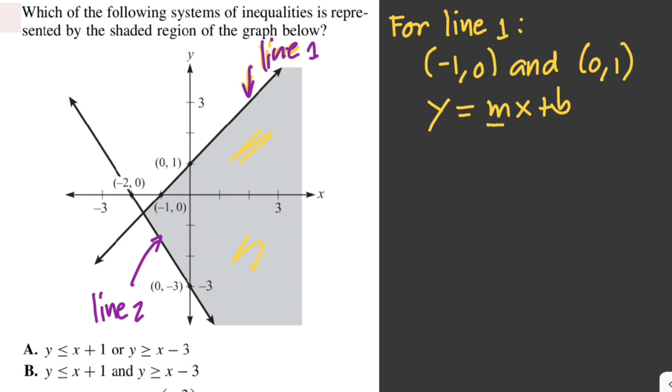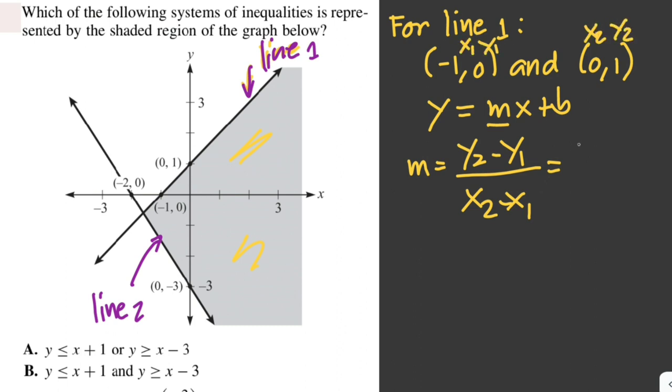So we solve for the slope m. m is just y sub 2 minus y sub 1 over x sub 2 minus x sub 1. Let's say this is x sub 1, y sub 1, and x sub 2, y sub 2. So that is 1 minus 0 over 0 minus -1. So the slope of the first line is just 1 over 1, or equal to 1. And now to find b, which is the y-intercept.